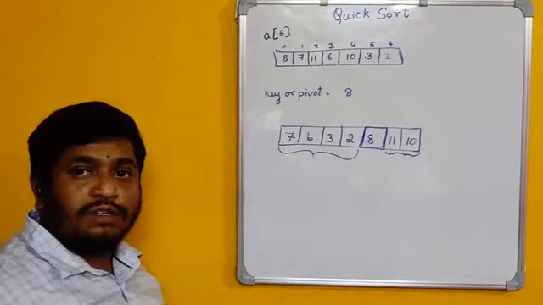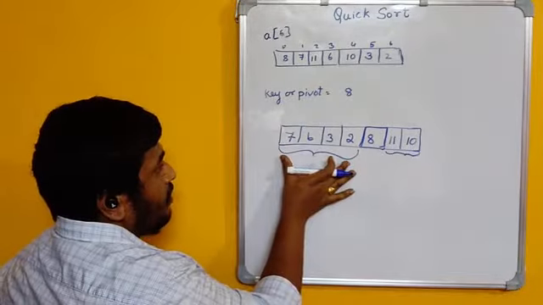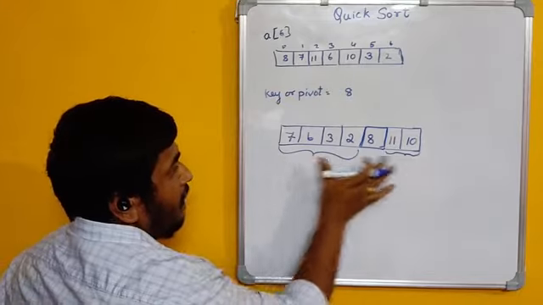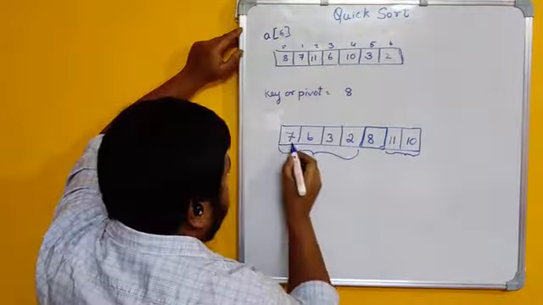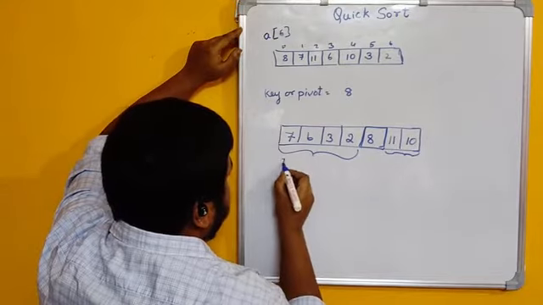We need not sort this. Again, this subarray and this subarray will be partitioned. Now we will take 7 as the pivot element.